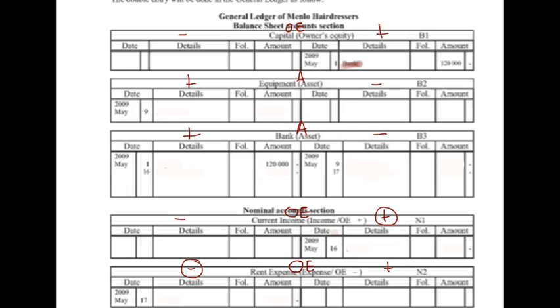Why? Because of capital. So therefore that capital and that bank point towards each other. So in bank, I have the other account that says capital, but in capital, I have the other account that says bank. So I can clearly see where the other entry for this specific transaction went.